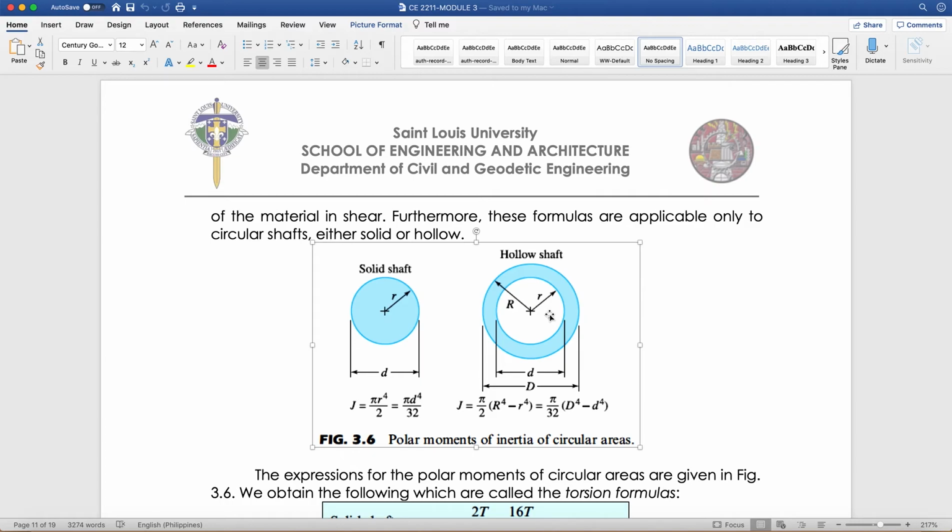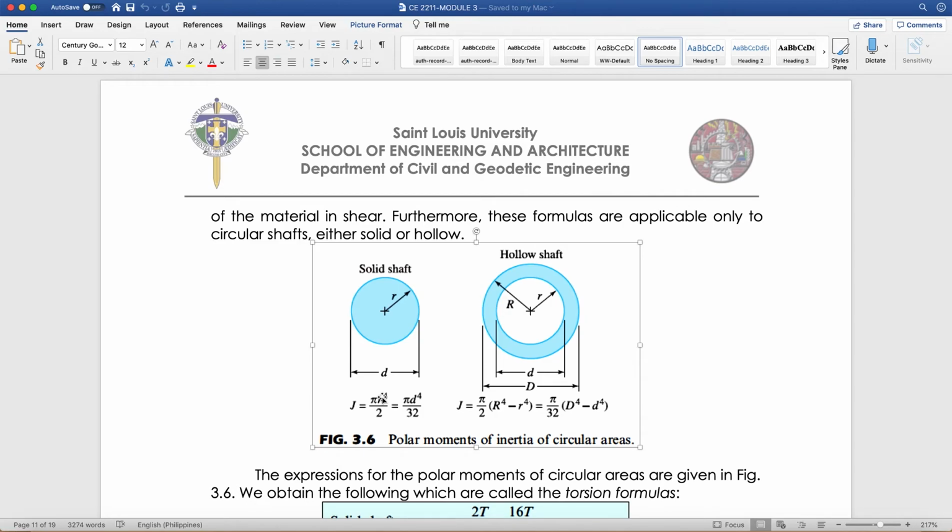Okay? But what is polar moment of inertia? Polar moment of inertia, or it is also known as the second polar moment of area. If time has permitted you from last sem, from your statics, you are lucky if you were able to finish the polar moment of inertia in statics.